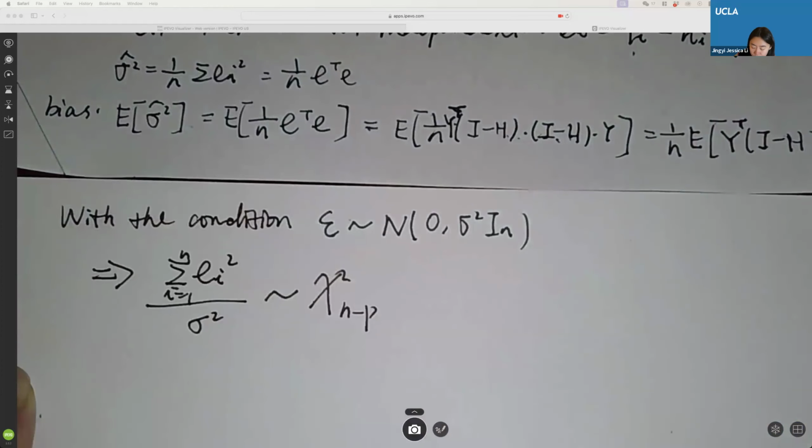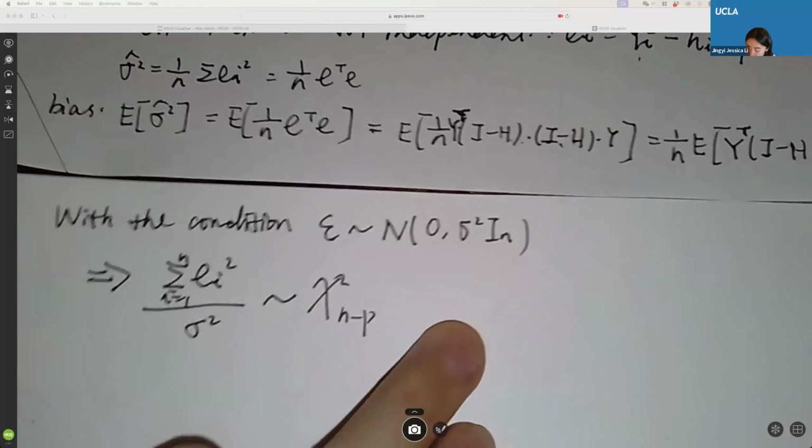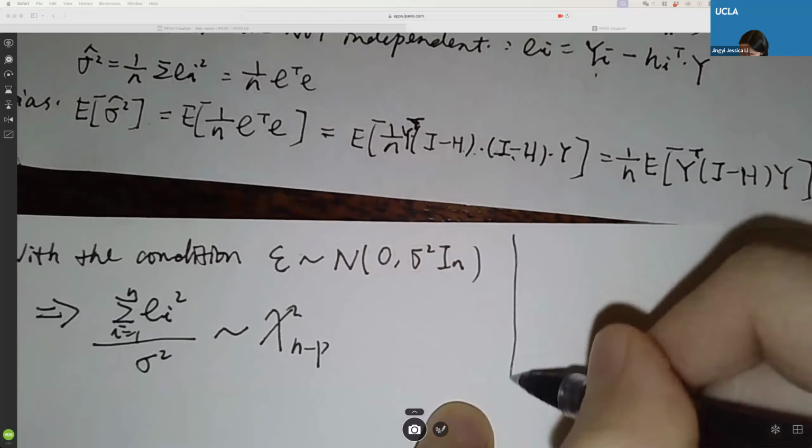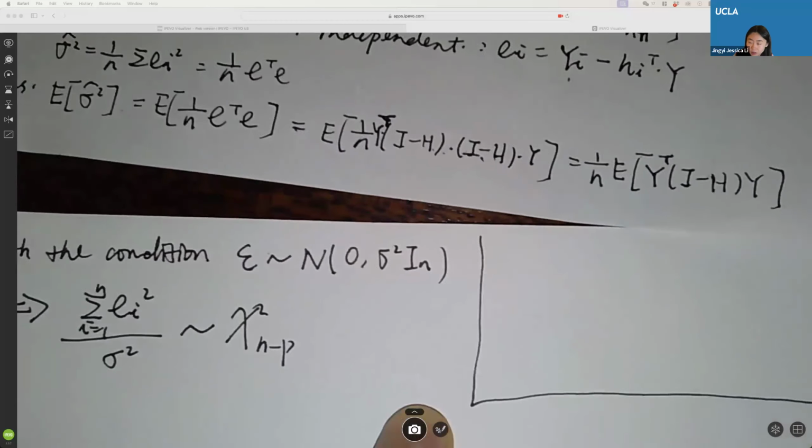I'm introducing this result because we just talked about degrees of freedom and it can be reflected here. If you're familiar with the derivation of the chi-square distribution, this is something we covered in the undergraduate class.